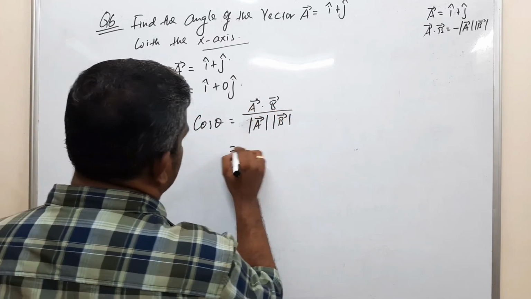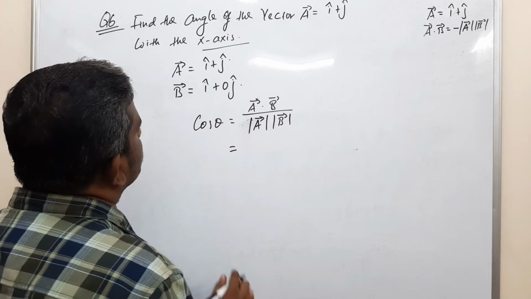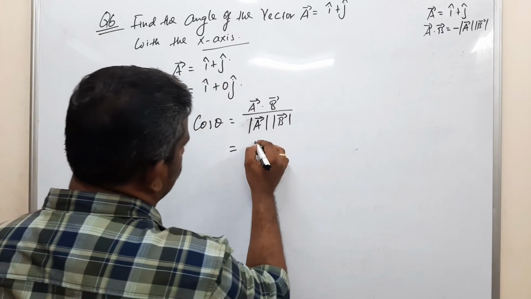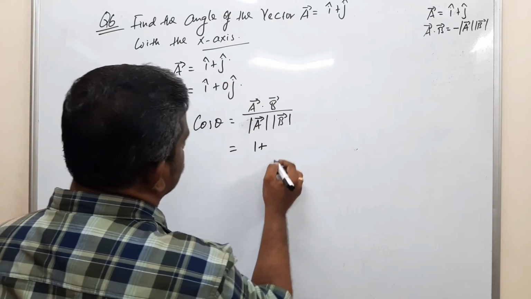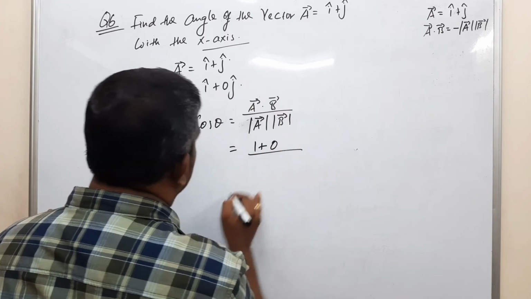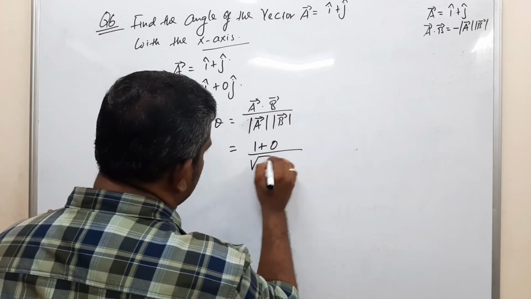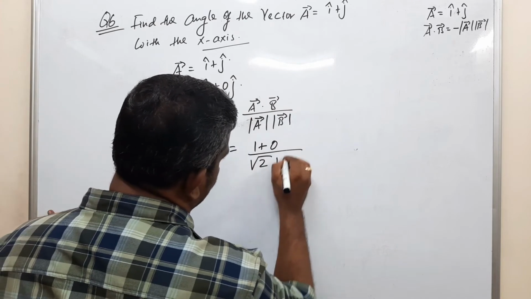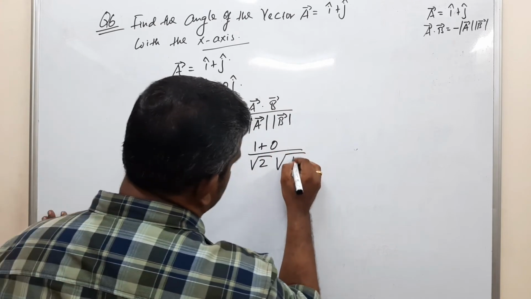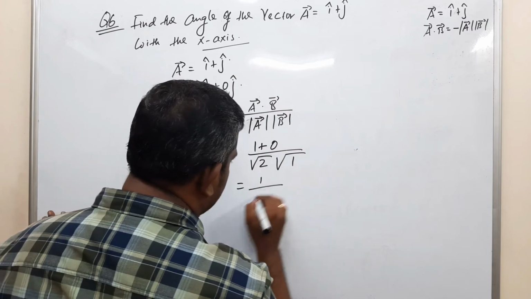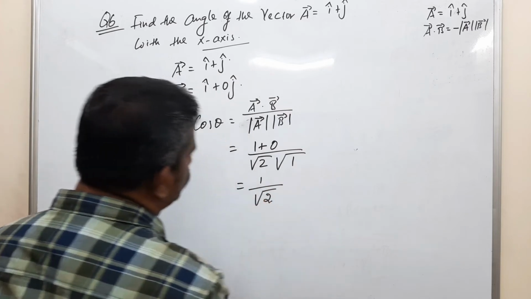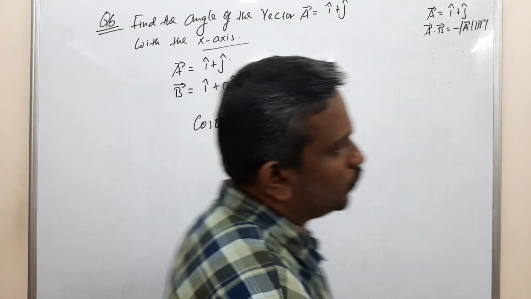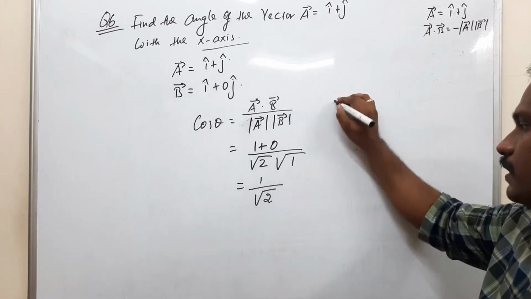A dot B is 1 into 1 plus 1 into 0, that is 1, divided by modulus of A, root of 1 square plus 1 square, that is root 2, into modulus of B, that is 1. So that's equal to 1 divided by root 2. Clear?